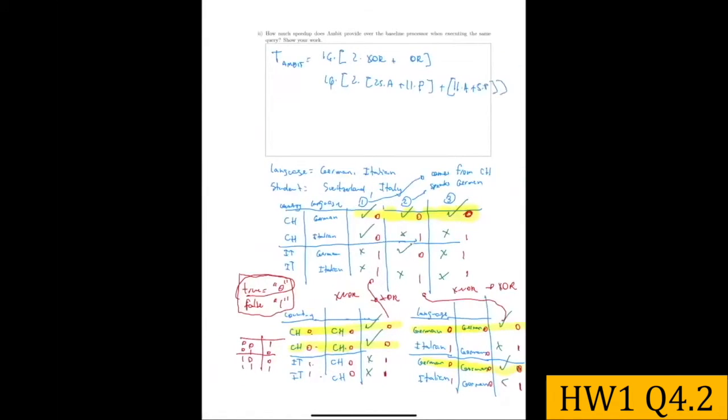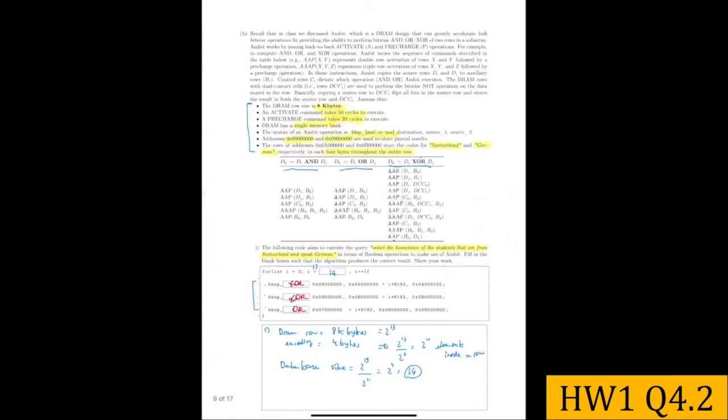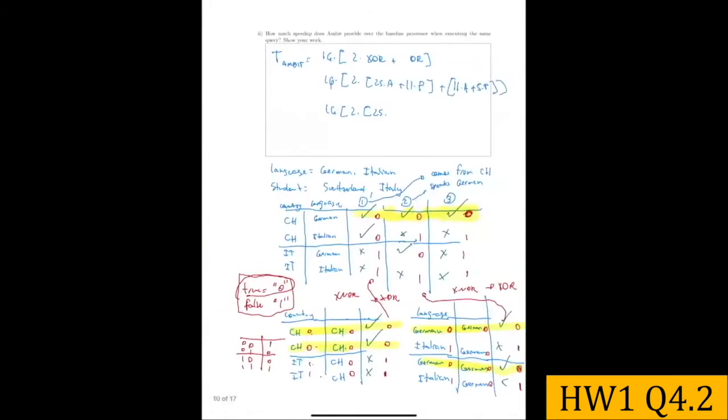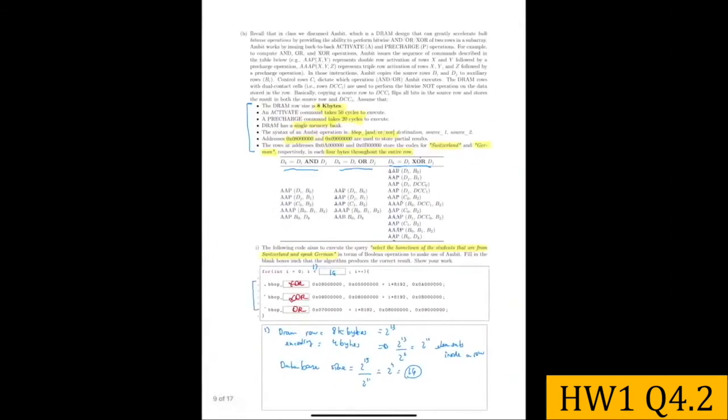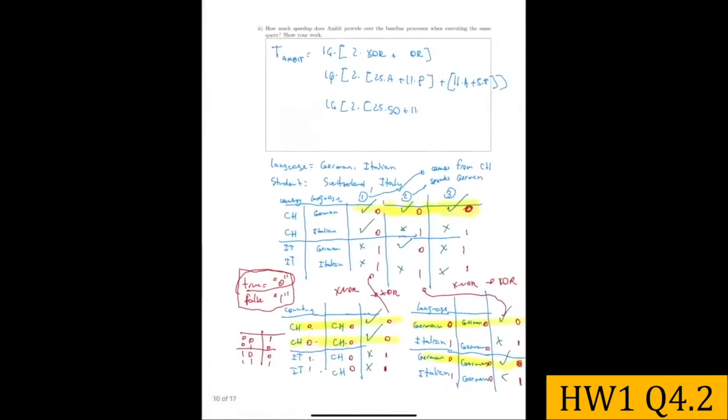So the time is going to be 16, 2 times 25. The time for A is equal to 50 cycles plus the time of a P is 20 cycles plus 50 times 11 plus 5 times 3.